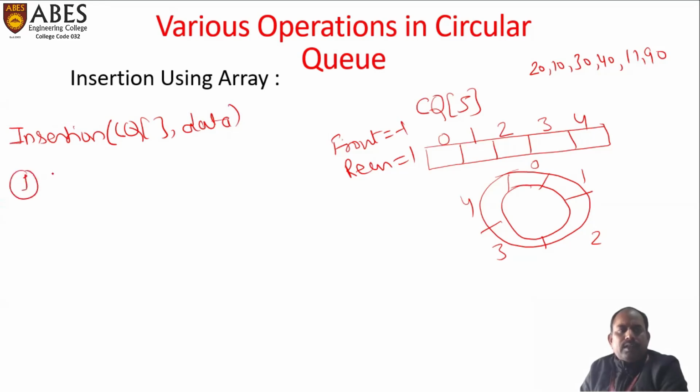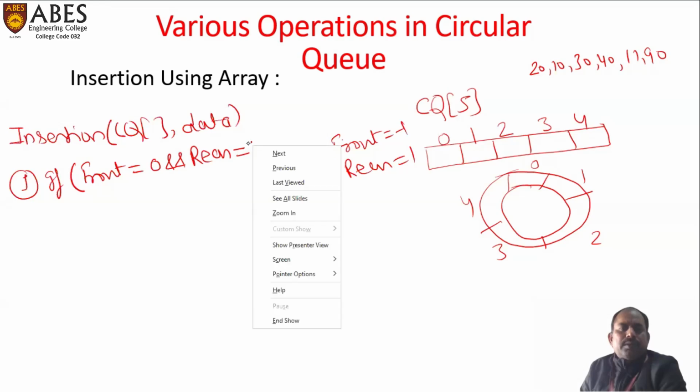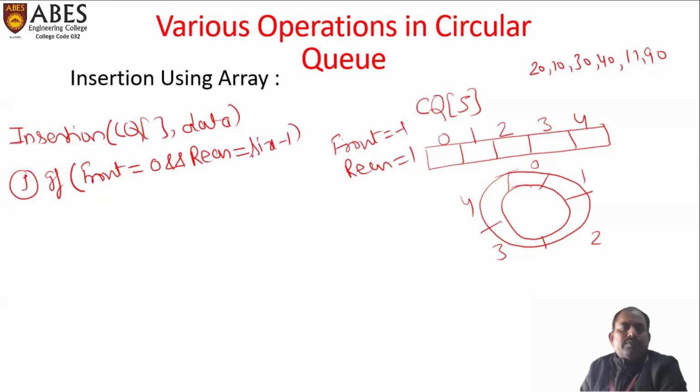Step 1: if front is equal to 0 and rear is equal to max or size minus 1. This is the first case we have to check in the case of a circular queue.